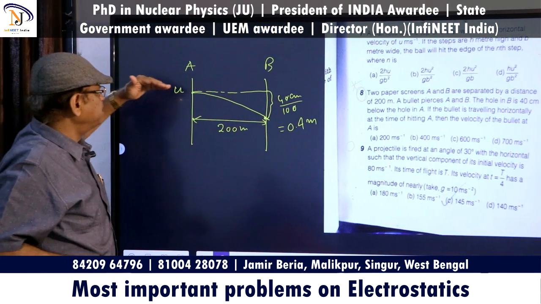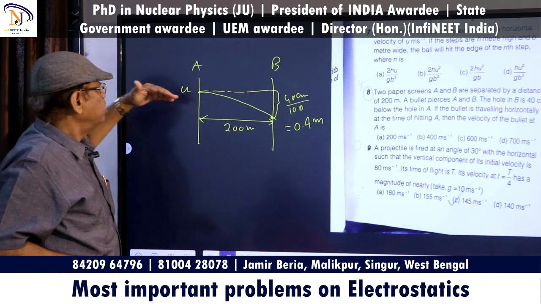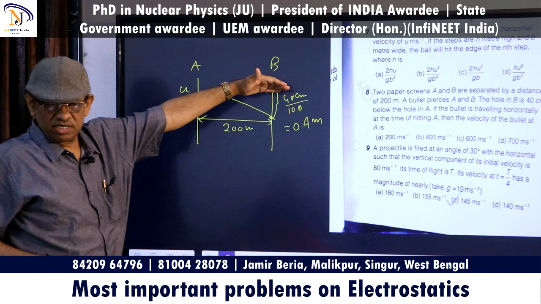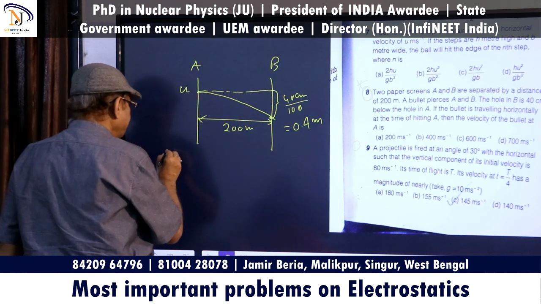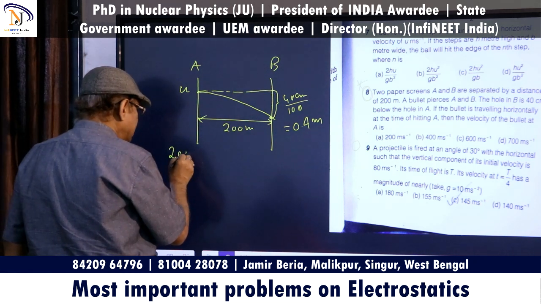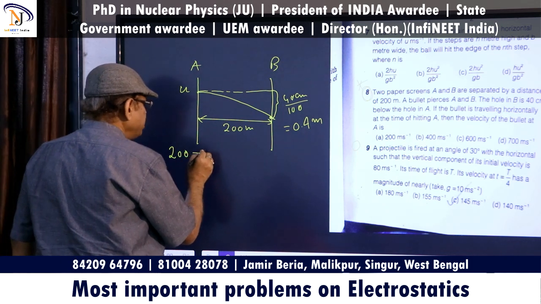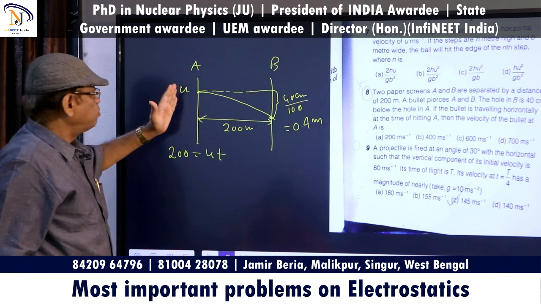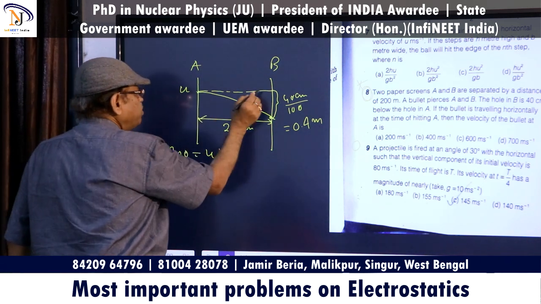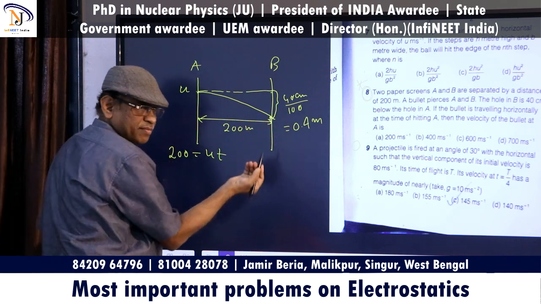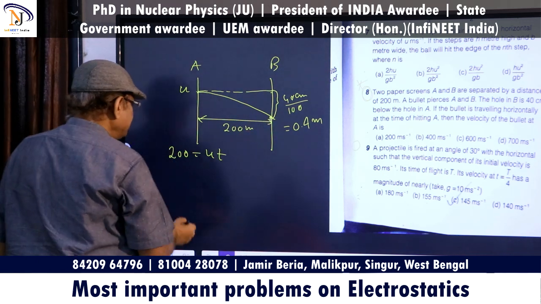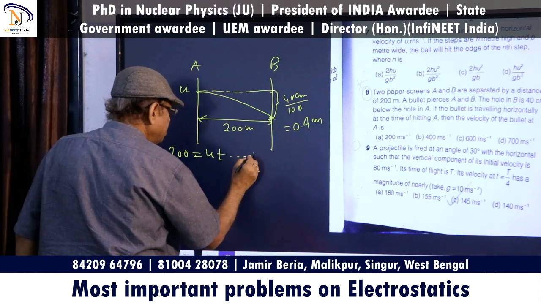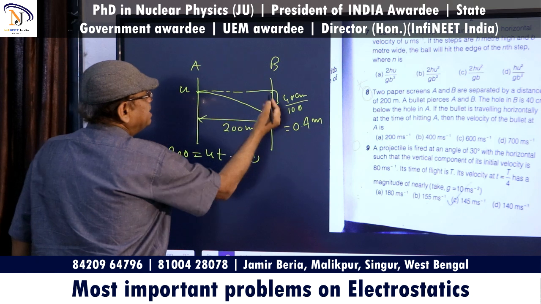Because there is no acceleration along this direction, we can write 200 meter equals U into T. The time taken to travel from here to here is the same. This is T. This is equation number 1.